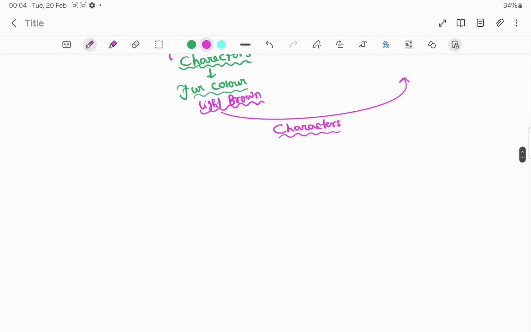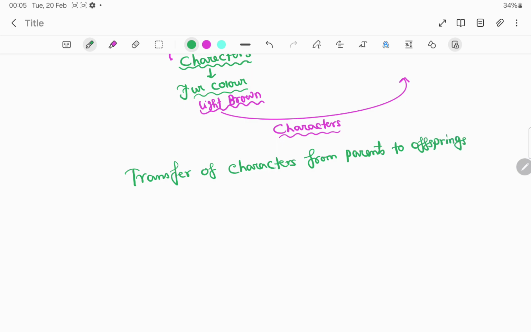So here you can write: transfer of characters from parents to offspring.